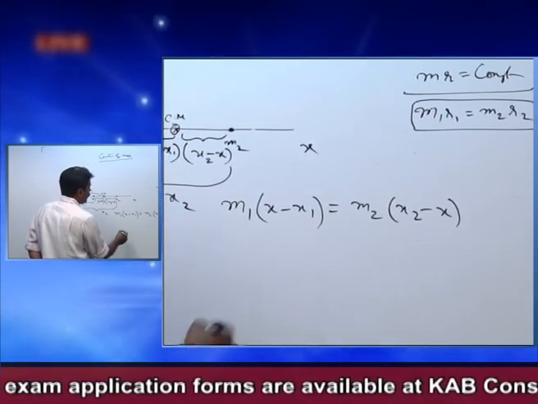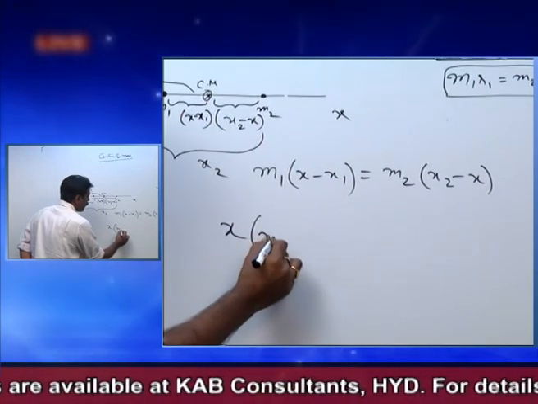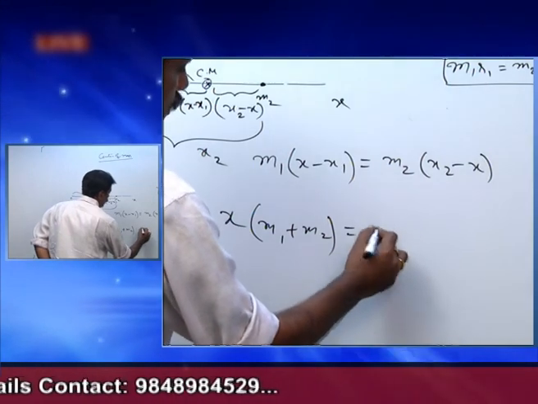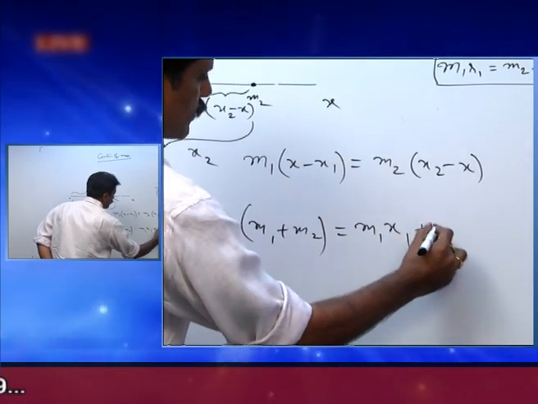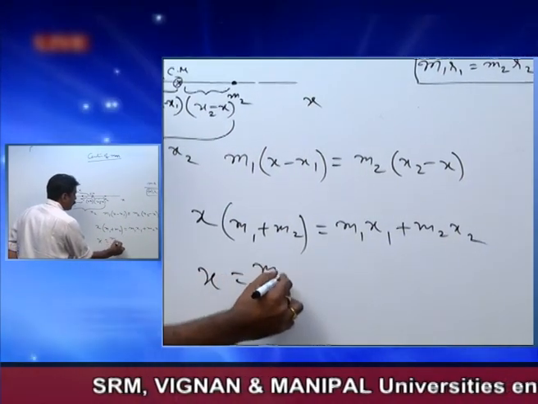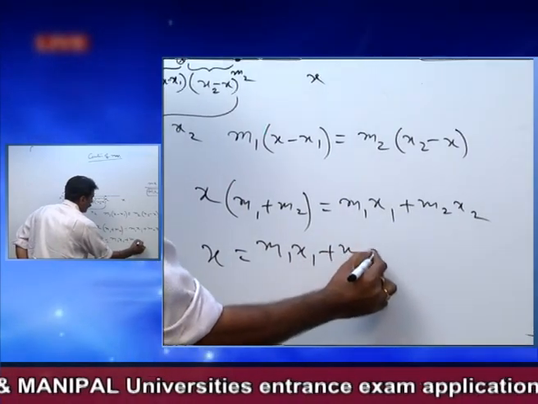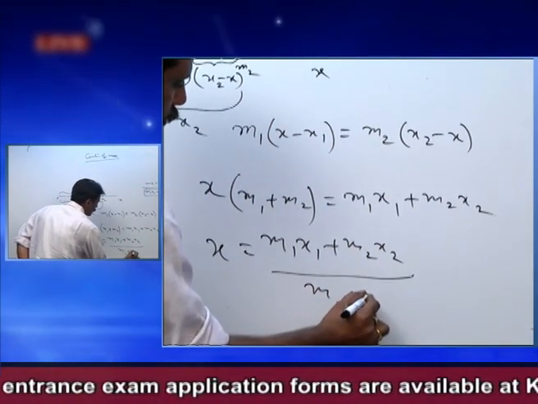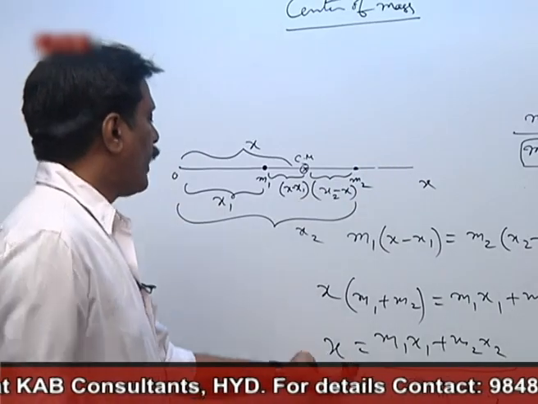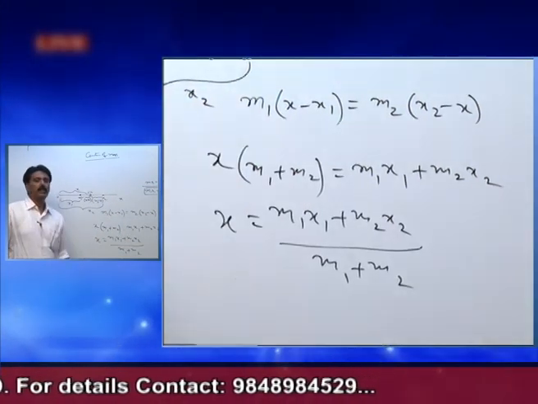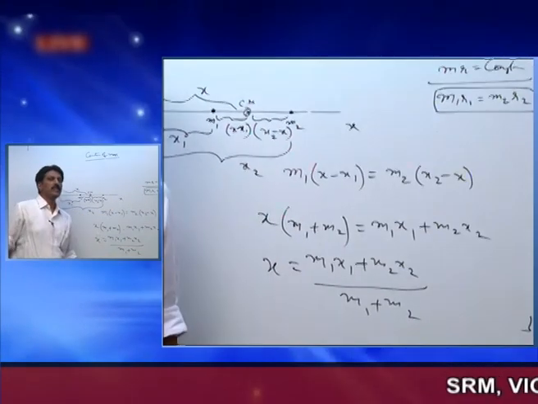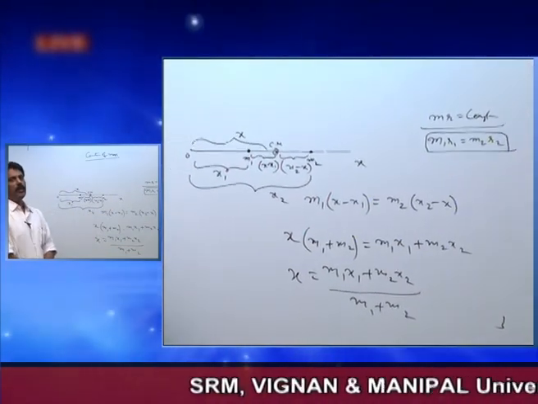After further simplification, it will be like this: x into m1 plus m2 is equal to m1 x1 plus m2 x2, or x is equal to m1 x1 plus m2 x2 by m1 plus m2. So, from using the same relation, we are able to get the coordinate of center of mass in terms of coordinates of m1 and m2. So, this is also one of the applications of the same relation, m1 r1 is equal to m2 r2.